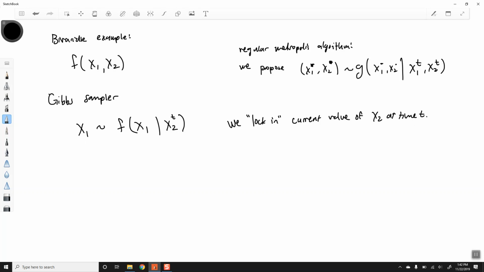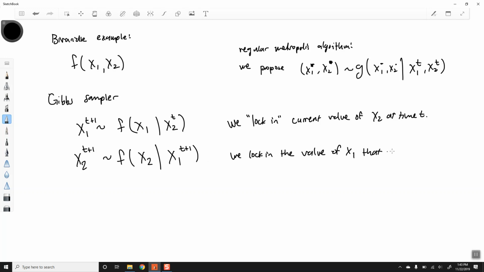Actually, not even. I'm going to just draw x1, and this will be at time t plus 1. And then x2 at time t plus 1 will come from f of x2 given the value that we just drew. So then we lock in the value of x1 that we just drew. We draw a value from this.